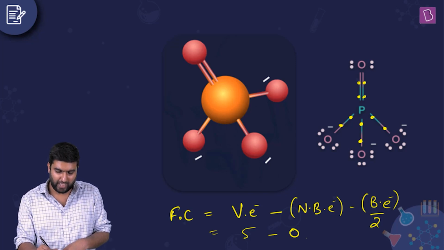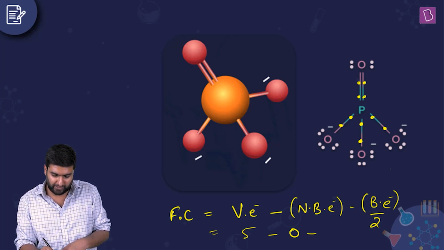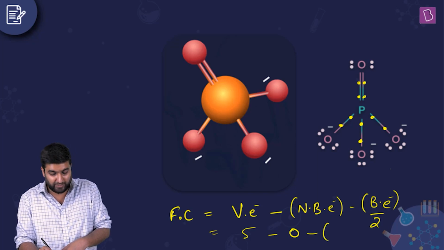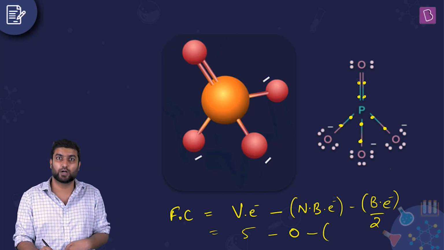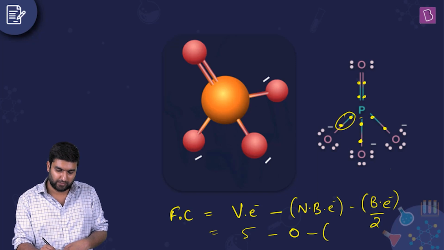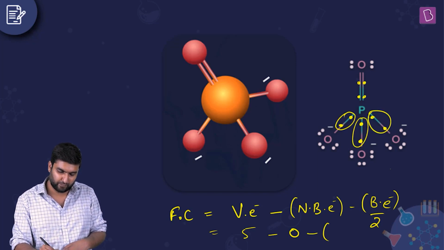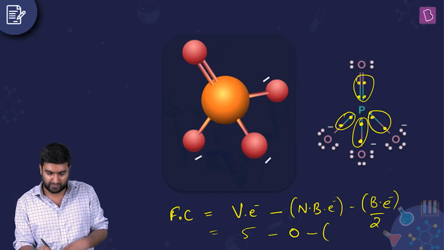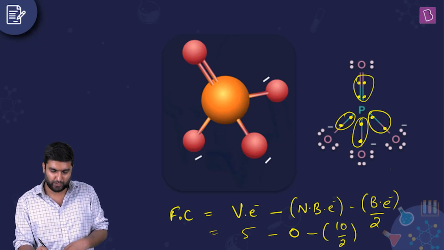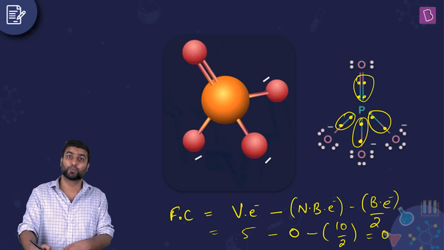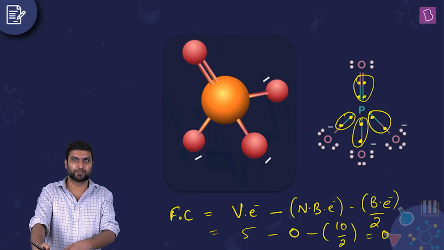Okay, and also, if you take a look, it has 10 bonding electrons in total. How so? Well, these and these. These are 10, divided by 2, and that's basically equal to 5, and 5 minus 5 gives 0.